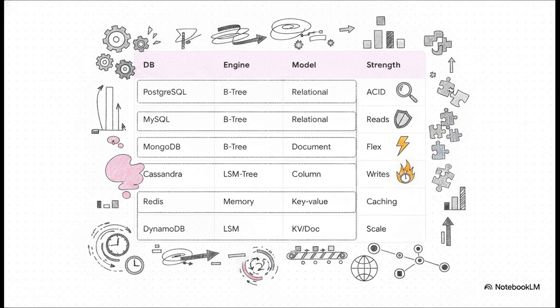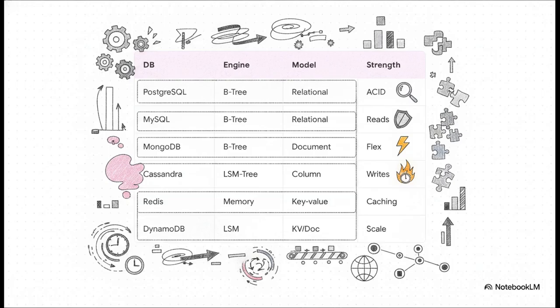Look at PostgreSQL and MySQL. Both rock a B-tree engine and both are relational. This makes them the undisputed champions for complex queries, strong ACID guarantees, and read-heavy applications. Then look at MongoDB, utilizing a similar B-tree structure but paired with a document model, perfectly positioning it for evolving schemas.